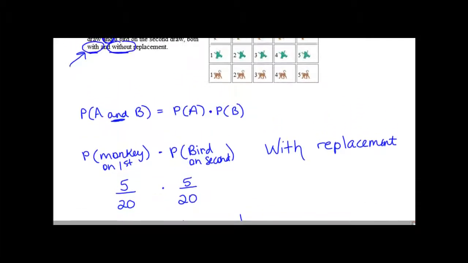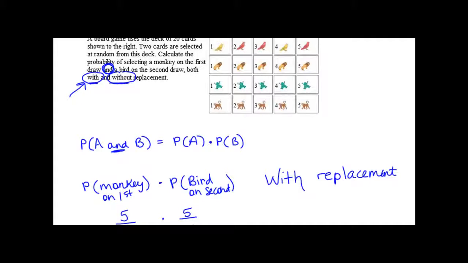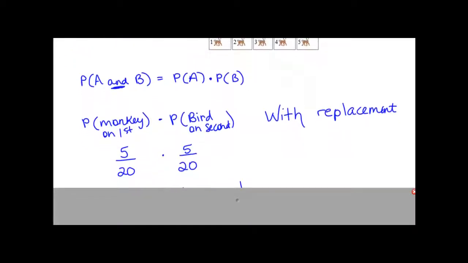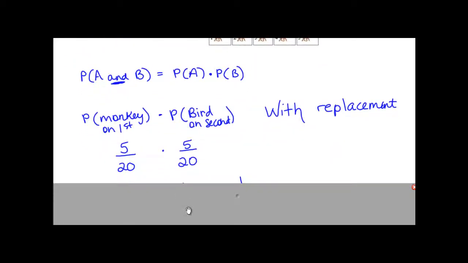Now if I replace that card, then the deck or the set of cards will look identical to the way it began. So then the probability that I would draw a bird on the second draw, there are 5 birds, again a total of 20 because we replaced the card. So the probability of a bird on the second would be 5/20.